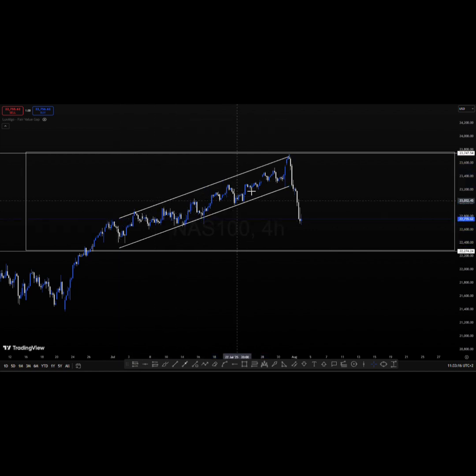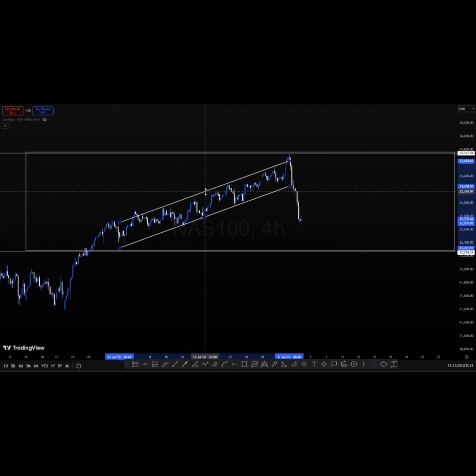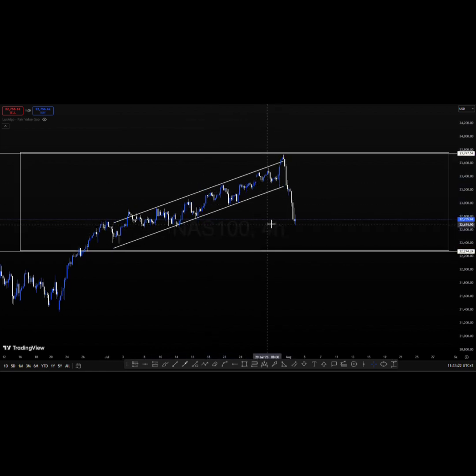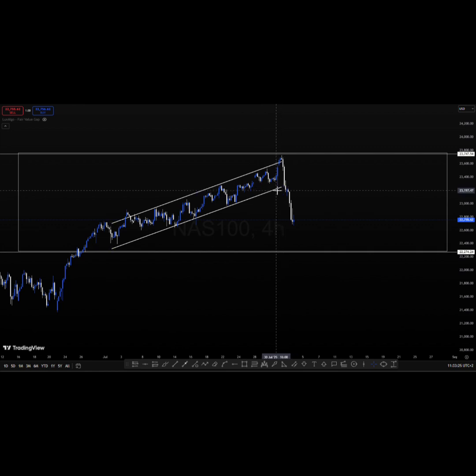We have our touches here. You can see the touch, and they easily break to the downside by coming to this particular level here, which could also be your key point level.